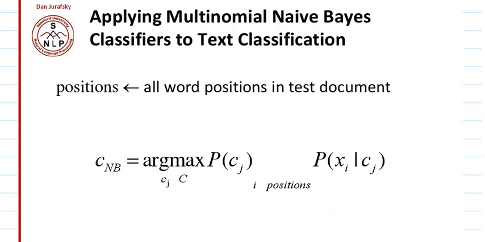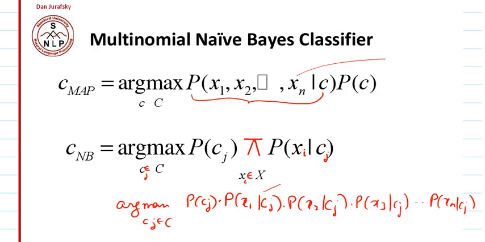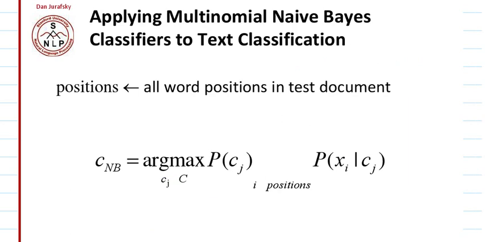So how do we apply it to text classification? We just look into all the words that are present in the document, and then we go one by one and calculate the probabilities. If this is the document, and these are the words written in it, we go word by word and see what is the probability for this word, then we go to the next word, what is the probability, then the next word, we calculate what is the probability.